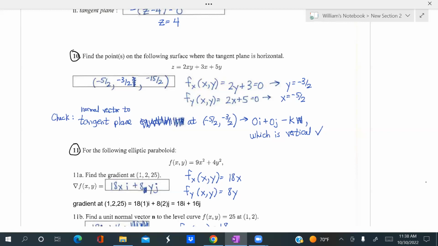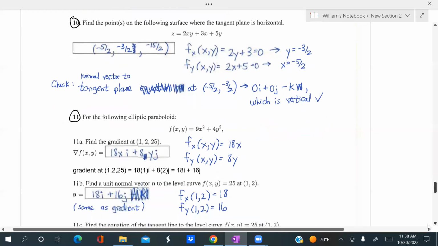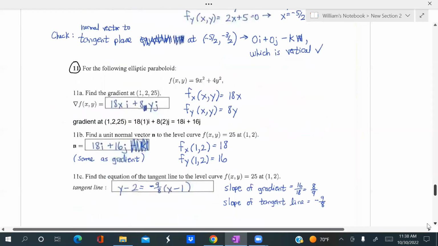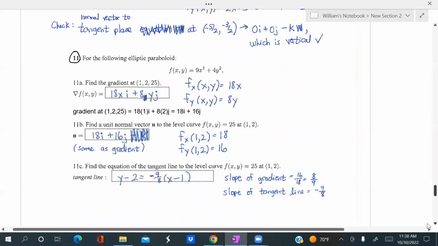All right, let's see if we can finish up here by doing our last problem, problem number 11. So I hope I won't have another mistake here. Let's see if that happens, though. Okay. All right. So this surface is an elliptic paraboloid, turns out. So 9x squared plus 4y squared, that's an elliptic paraboloid.